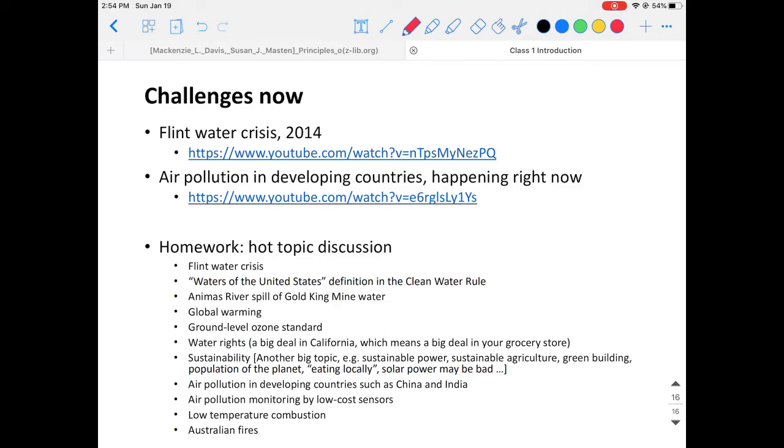And also the air pollution in developing countries is a serious problem, and it is happening right now in countries like China and India. The air quality is even toxic, and people are starting to realize that this toxic air can cause serious neural problems or lead to cancers for people in these highly polluted environments.